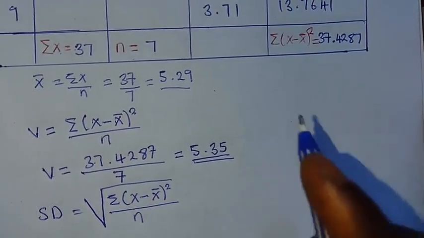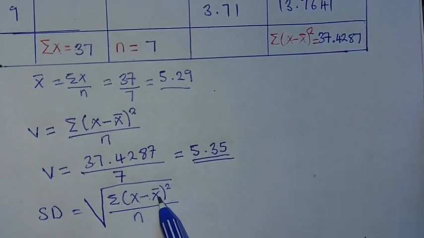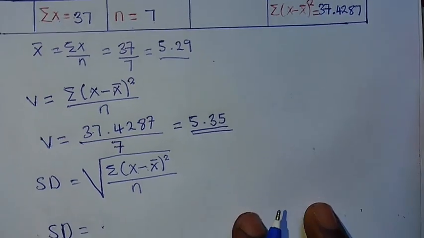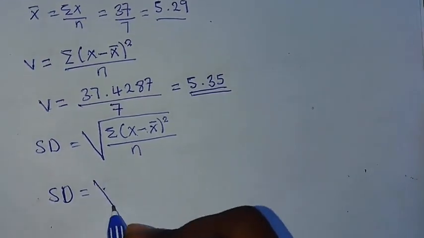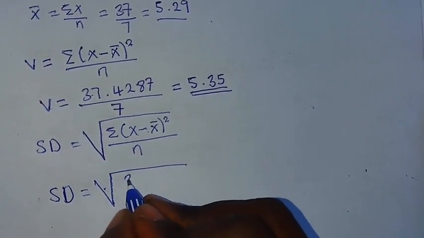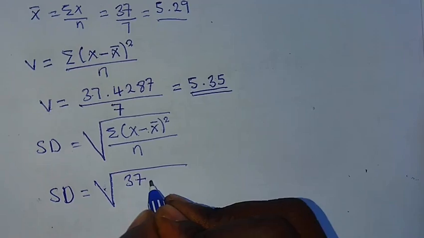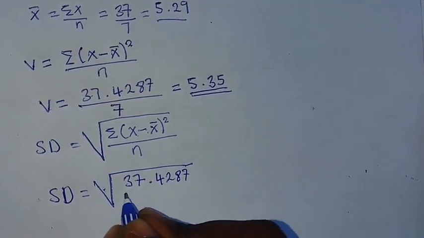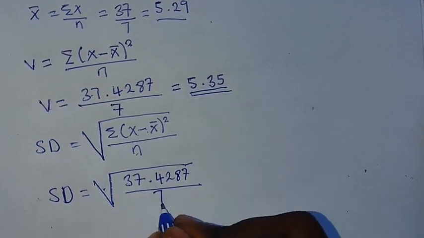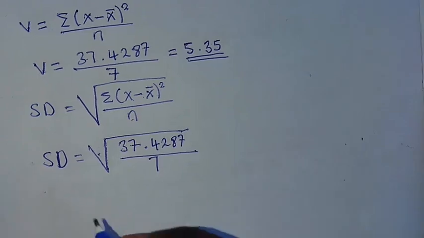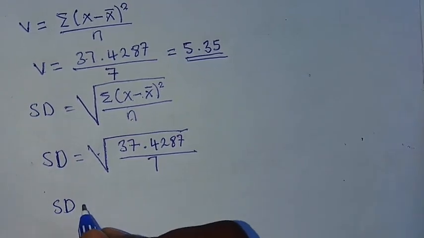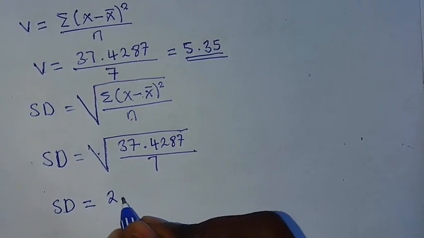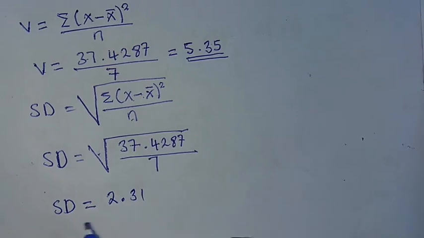Or when you look here, this summation of x minus mean in bracket squared, this is the value. So it's what you put there. So you write square root of 37.4287 over 7. So this is what we are going to have. Our standard deviation is going to be, I've also rounded off this one correct to 2 decimal places, 3.1.